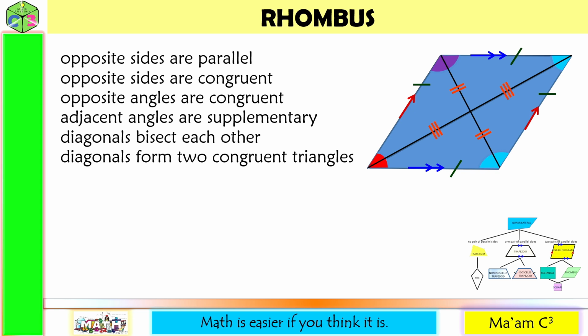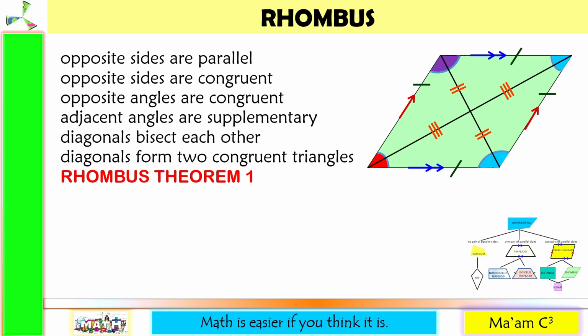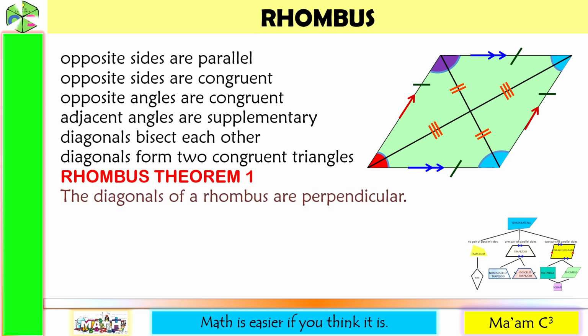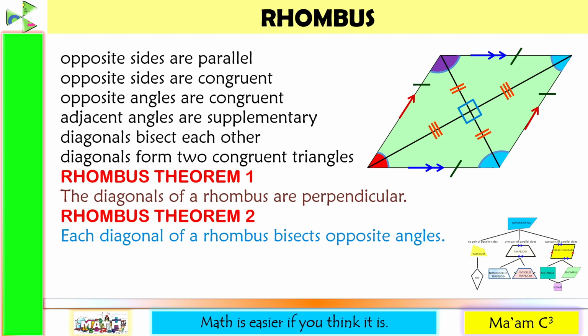Now, let's talk about the theorems of rhombus. The first one says the diagonals of a rhombus are perpendicular. So meaning in here, it creates 90 degrees on all corners. Rhombus theorem number 2, each diagonal of a rhombus bisects opposite angles.